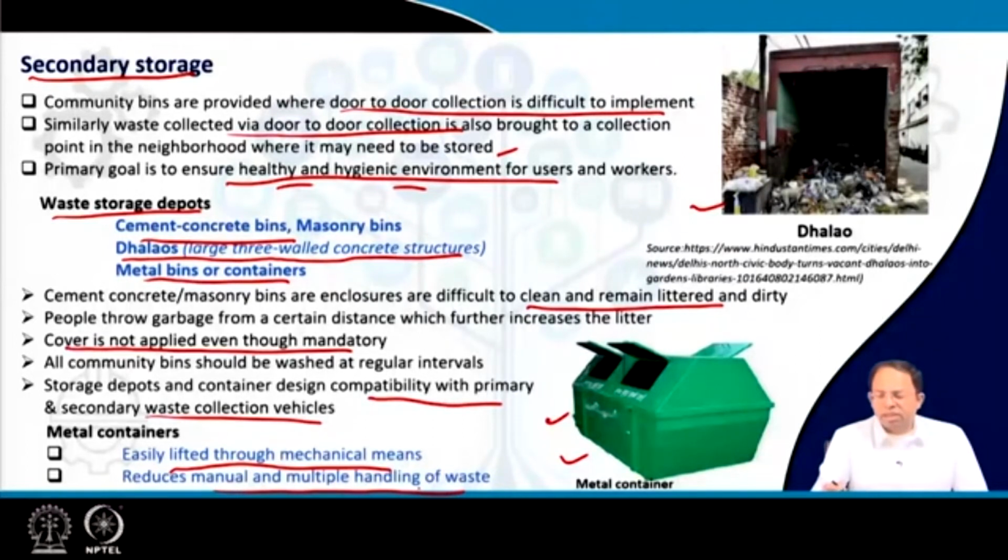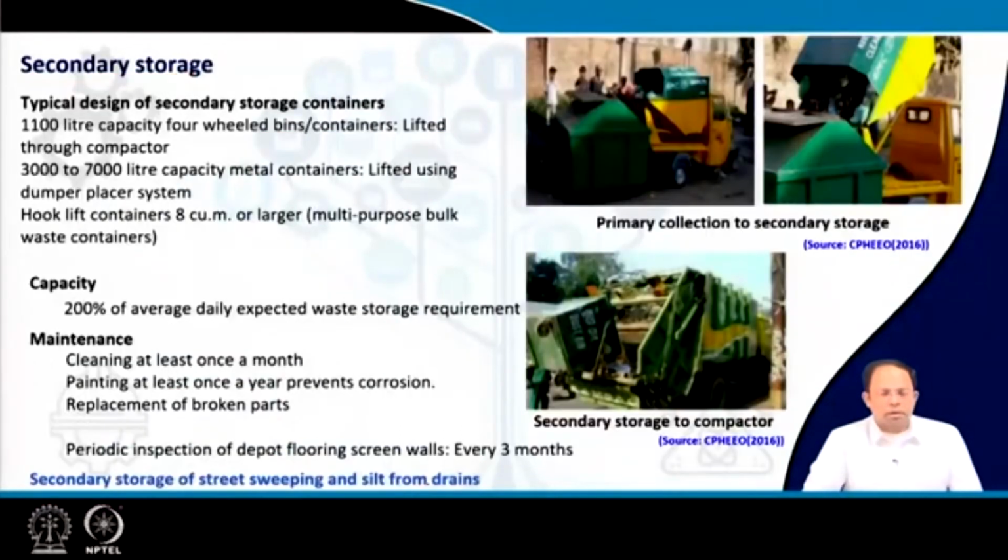That means as you can see over here, a lot of human agency is involved where they have to clean this area and shovel the garbage. But in case of metal containers, people throw the garbage inside, and it can be directly lifted by a lorry, so people don't have to handle the waste. So as you can see in this image, this is a primary collection vehicle. It is a small auto rickshaw with a tipper at the back.